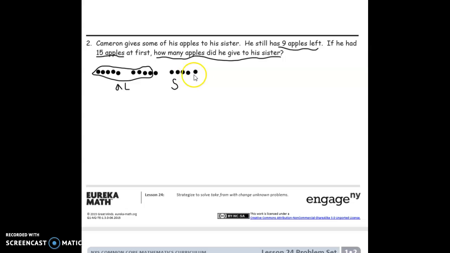Yeah, 6. Let's count together. 5, 6. Now let's restate our question into a statement. There are how many? 6 apples.